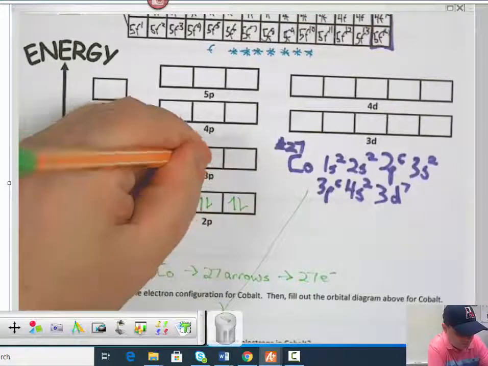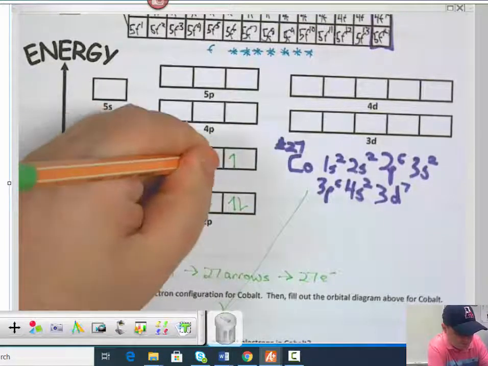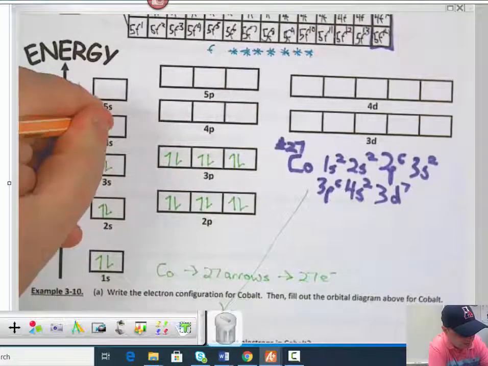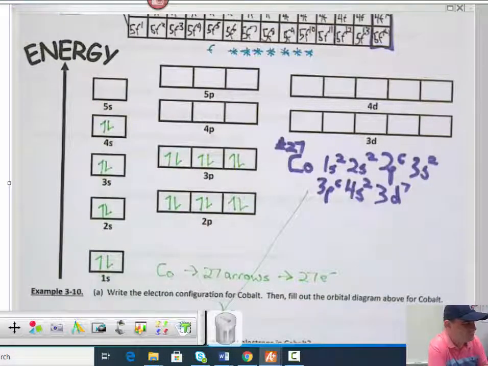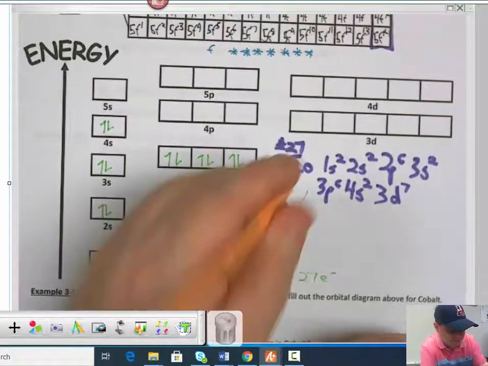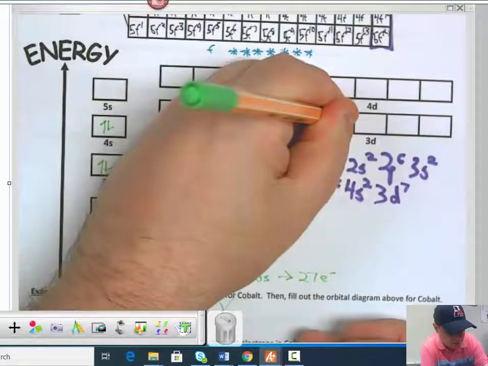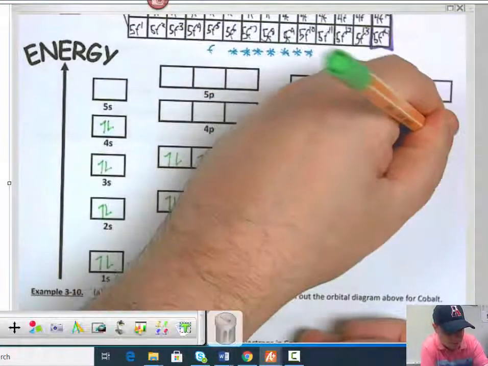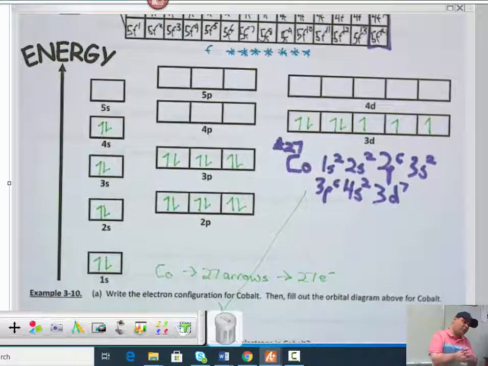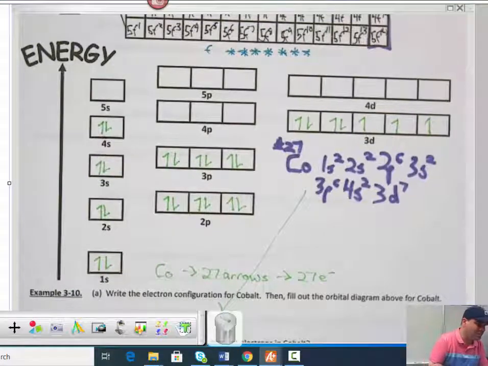Then up, up, up, down, down, down. That's 18. Up, down. And this is where that up-down thing becomes important. For the last one, you have to go up, up, up, up, up, down, down, because you have to follow Hund's rule. You have to do your singles before you do doubles. So that is the orbital notation for cobalt.